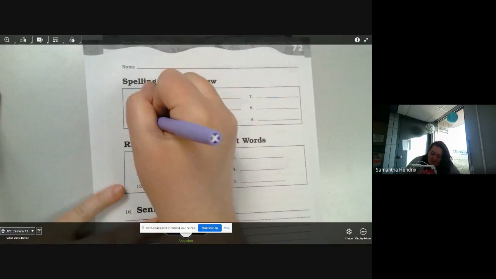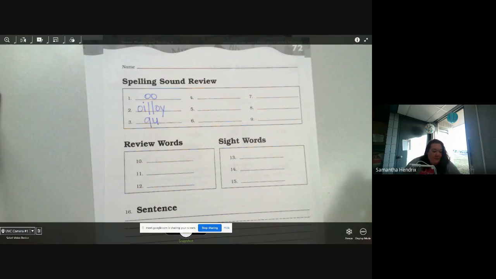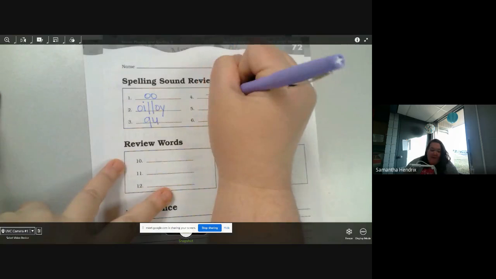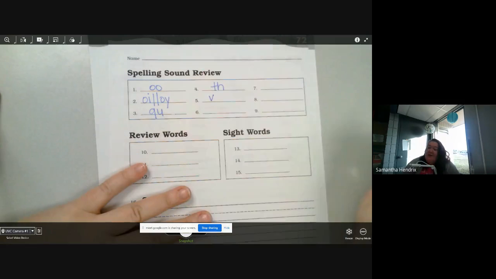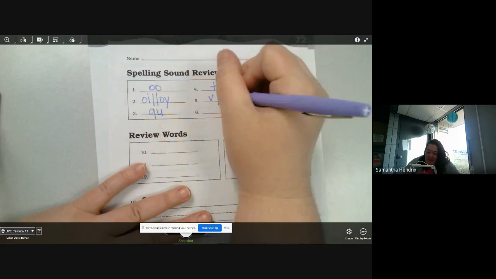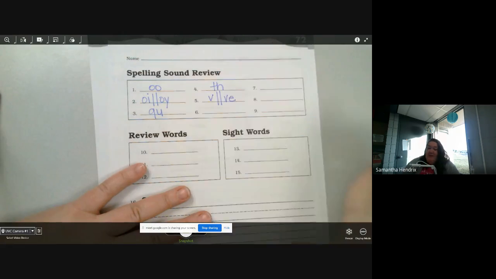Combination QU. TH. Right, that's V, VE. So it's V in the initial or the medial. And if we hear V in the final position, it's VE.